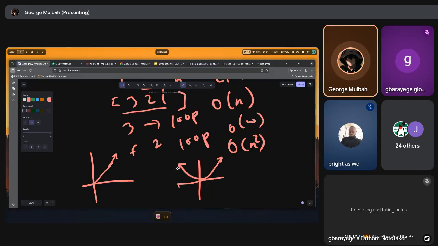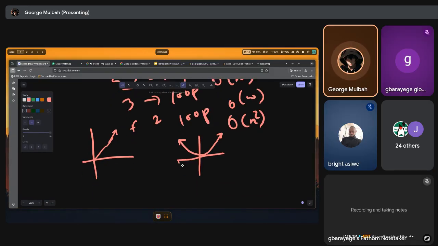Your code is slow, and if it is running in quadratic time and using O of n memory, then your code is really messed up. Such code will bring the server down.